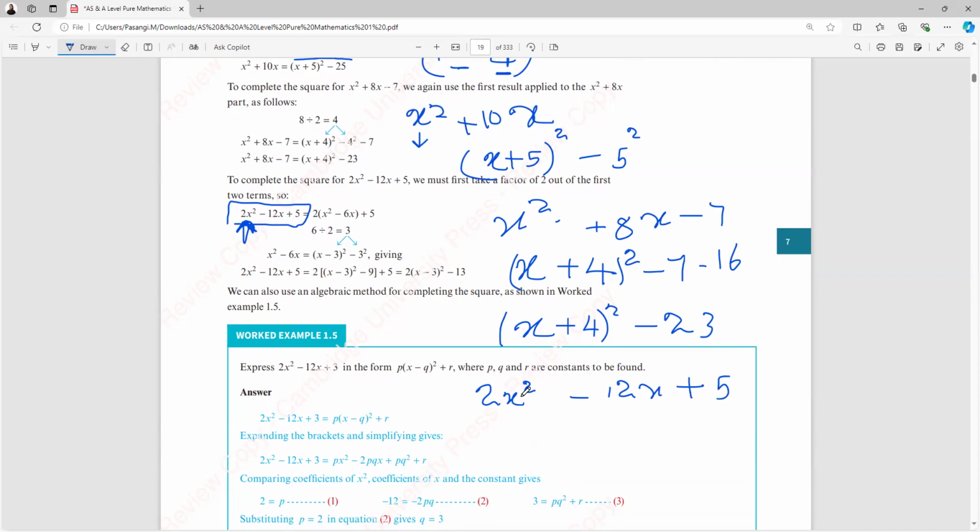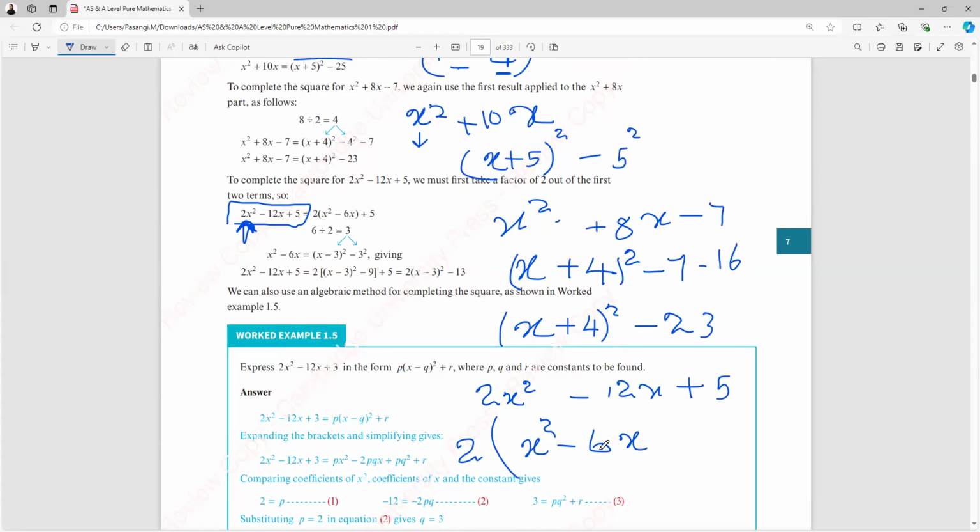Out of these, I'll take this 2 out, or else you can take the 2 out from the complete statement as well. If we take the 2 out from the first two terms, that is x squared minus 6x. I'll do it from the entire equation, so that method also you can use.